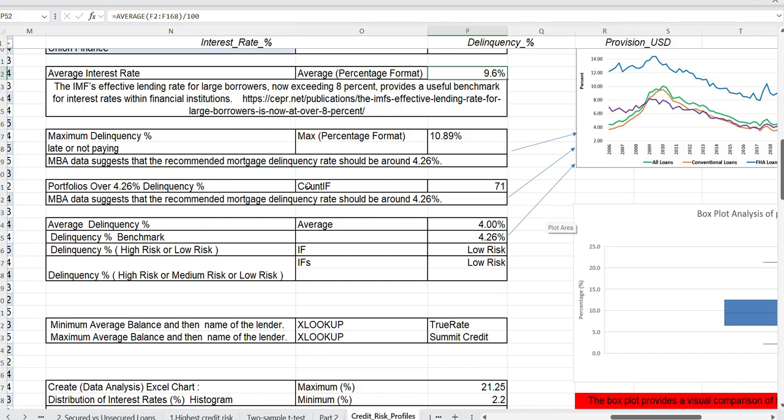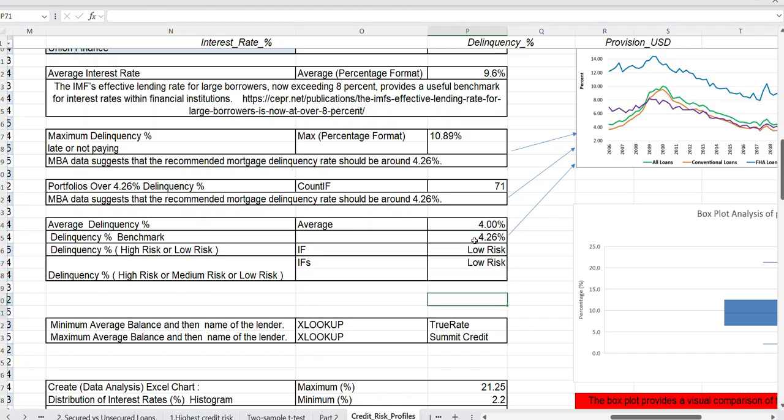Using COUNTIF, we found we have 71 accounts with bad debt. But using the average formula, our average delinquency rate is 4%. Then using IF formulas and IFS, we found it's still low risk because we're under 4.26.